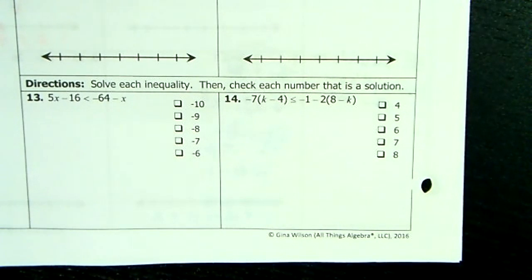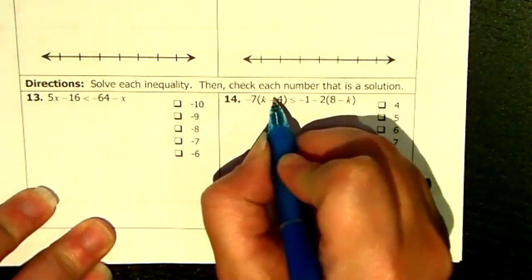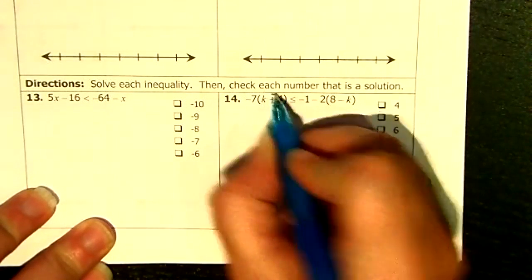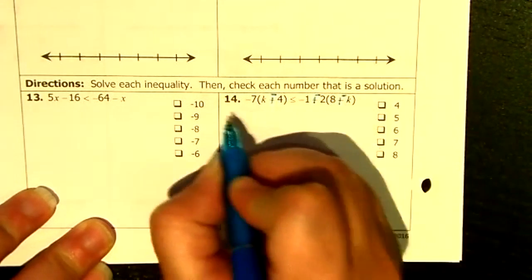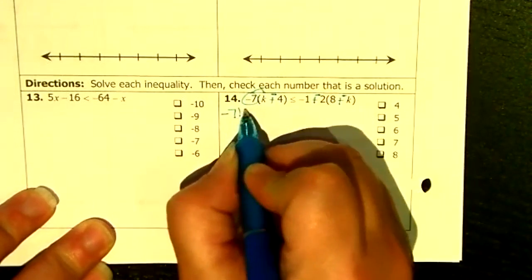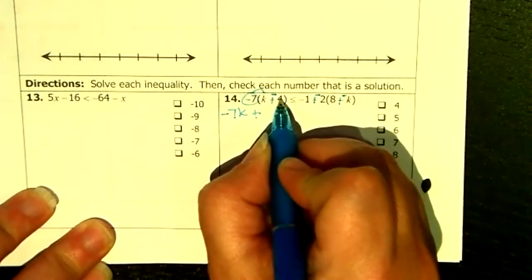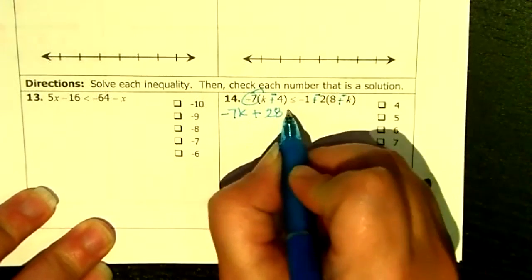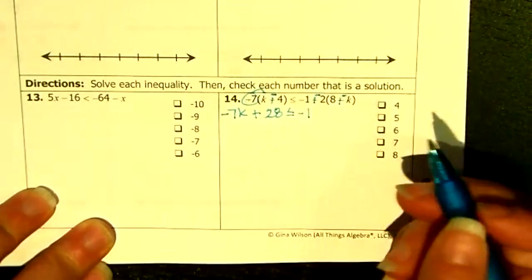All right, we're solving. Here we go. We distribute first. Ooh, I'm going through and changing all my minuses to plus a negative, plus a negative, plus a negative. So I'm distributing. So I'm going to have -7k plus -7 times -4 gives me 28 is less than or equal to, -1's not multiplying, so I just bring it down.